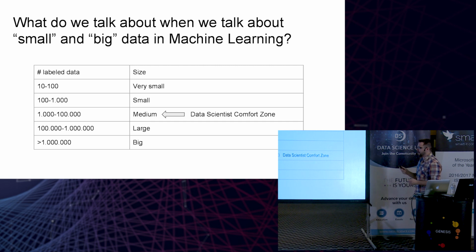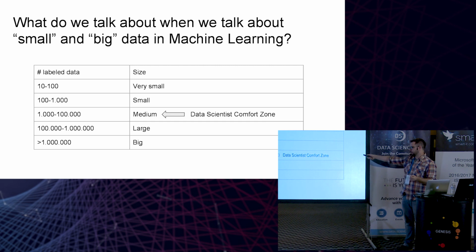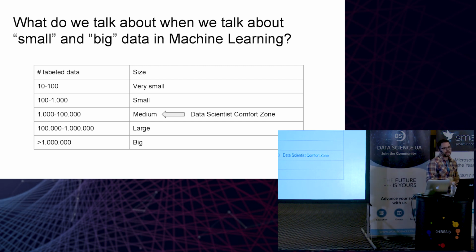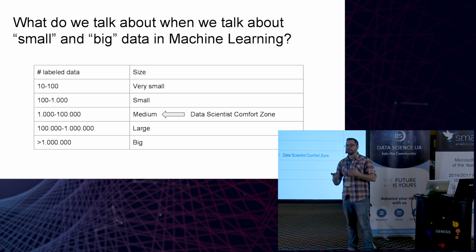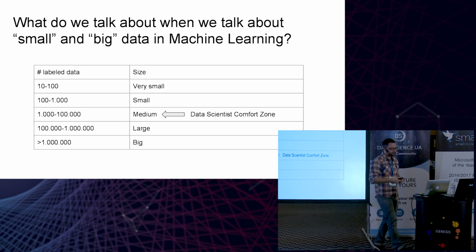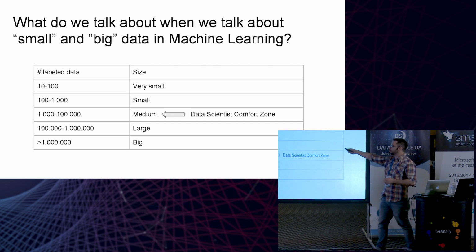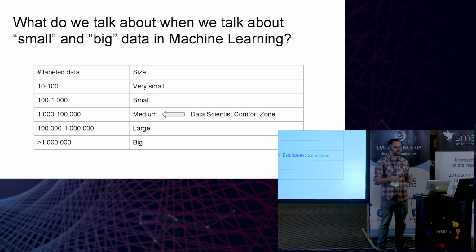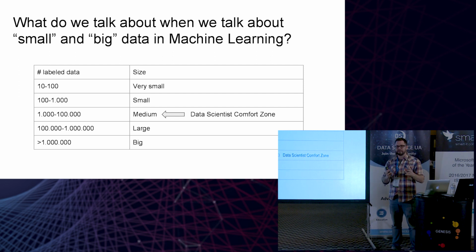Of course, things start getting messy when I take you out of your comfort zone. If I put you with a lot of data, then we have the issues that everybody knows: computational problems, problems in terms of which algorithms are more efficient, and so on. And if I take you to what I call small data, 100 to 1,000, probably you can still keep doing what you learned in the other data sets, and it will still give you some results.